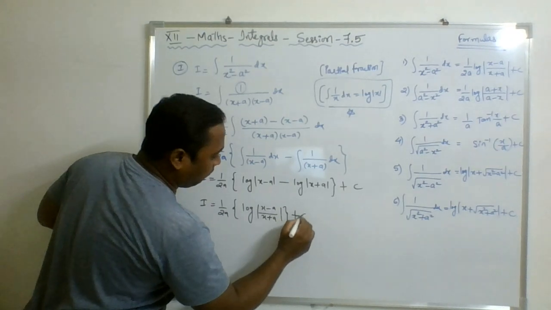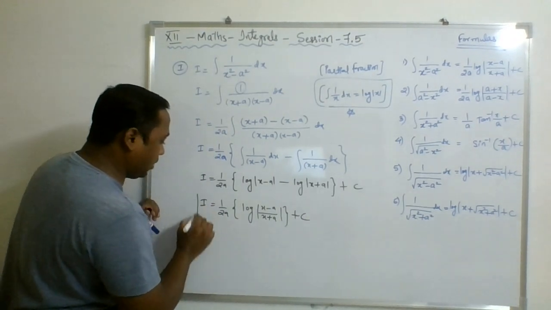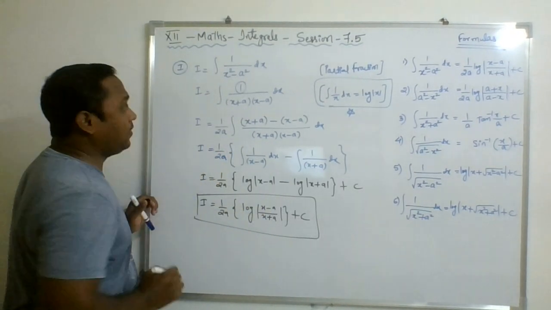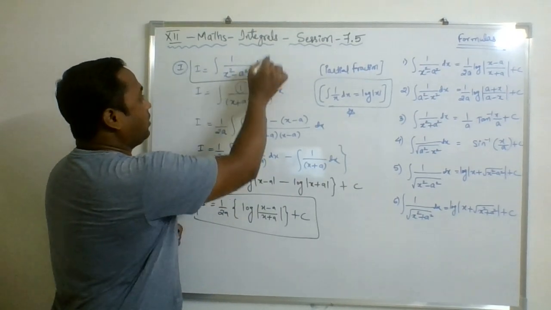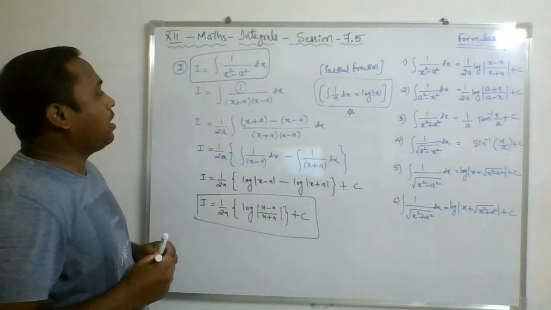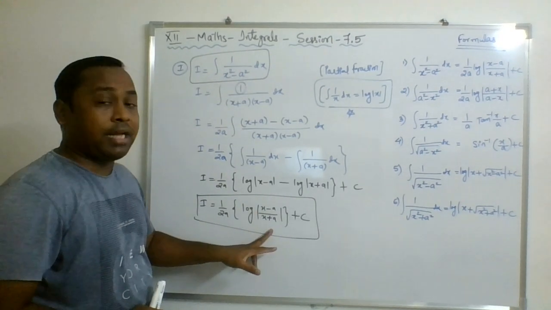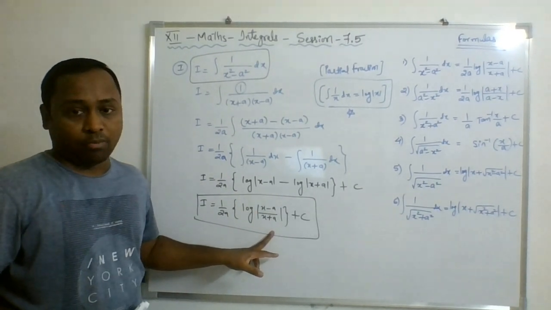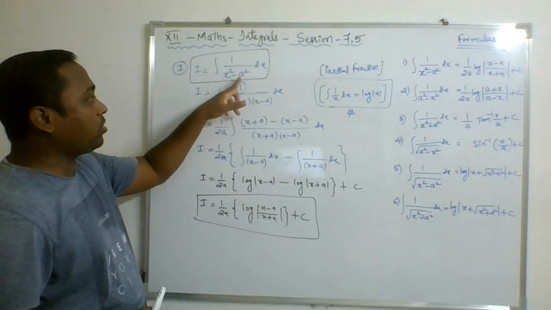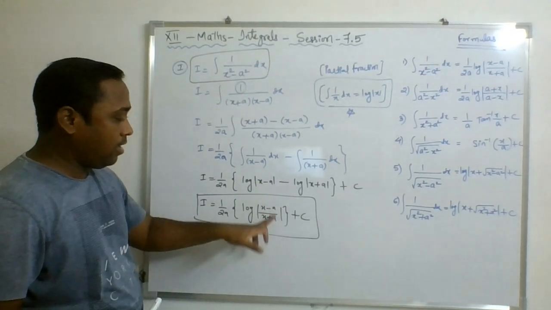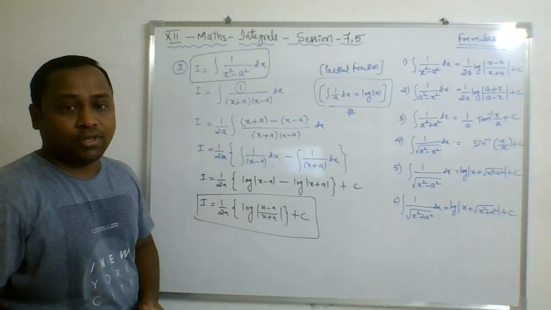So this becomes the formula of the integral. It means if the question is in the form of 1 upon x square minus a square, its integral can be directly solved by using this formula. You only need to substitute the value of a here to get the answer.